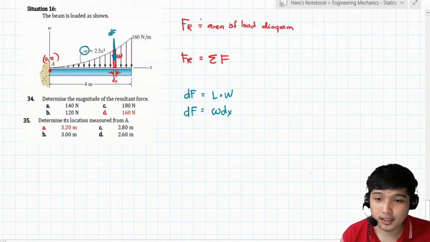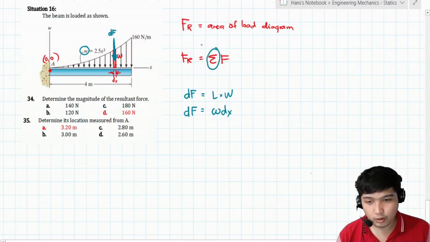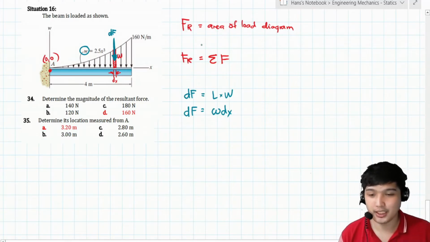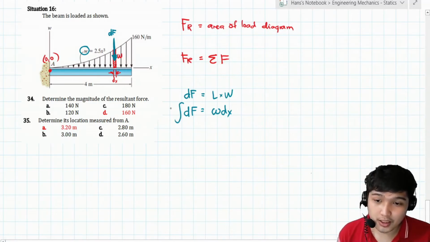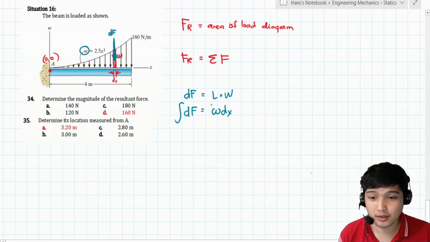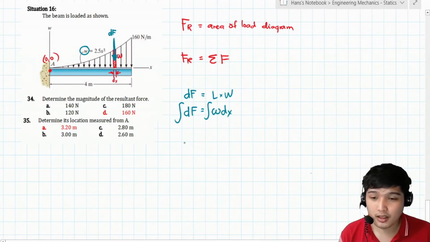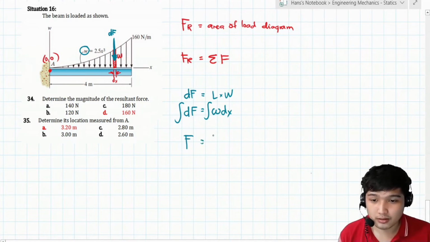So sabi nga natin, pag pinag-plus-plusin natin, di ba? Kung calculus ang pinag-uusapan, plus, that is equivalent sa integration. I-integrate natin, pag sinama-sama natin. So we integrate differential force, pagsama-samahin lahat ng differential force. Pag pinagsama-sama natin yung mga differential force na yon, makukuha natin yung total amount ng force F. So W dx.